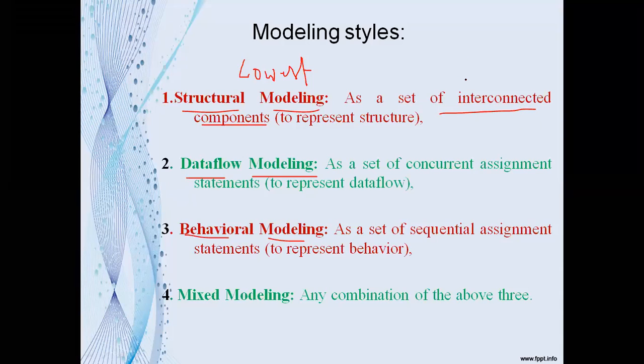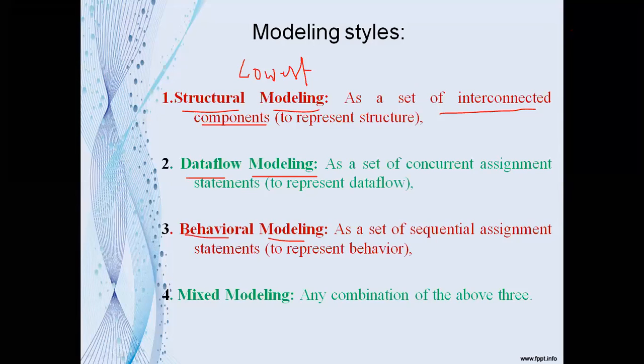In a gate level, what will we do? We will take the discrete logic gates and connect them to form a digital circuit. So that is the structural modeling. In structural modeling, we take the digital components and interconnect them to get the digital logic circuit. And the second modeling style is the data flow modeling.